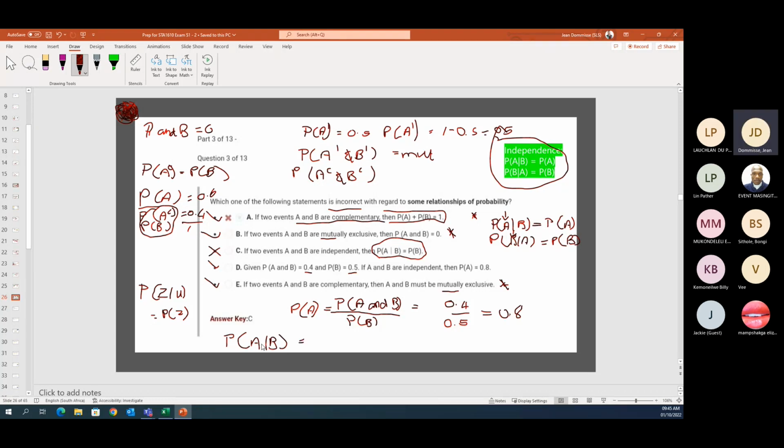The rule is normally probability of A and B divided by the probability of B. So this is your normal rule, if you are now talking about your conditional rule. But when it is independent, then you can nearly go straight into that as a short form for your conditional probability. Okay, I see.